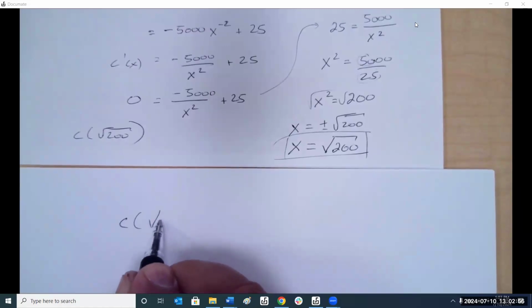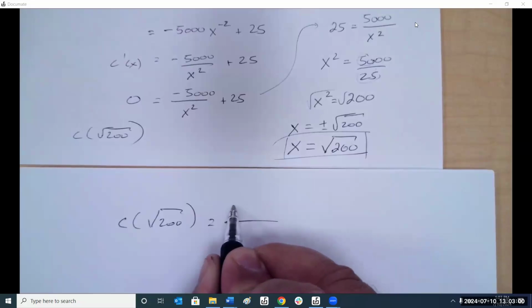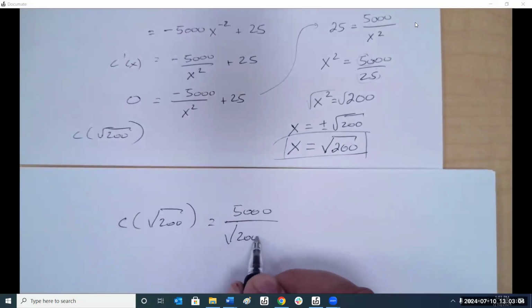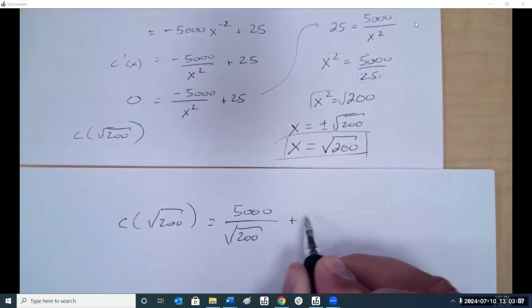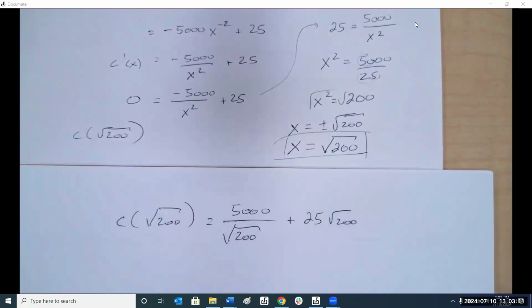C of the square root of 200 is equal to 5,000 over the square root of 200 plus 25 times the square root of 200.